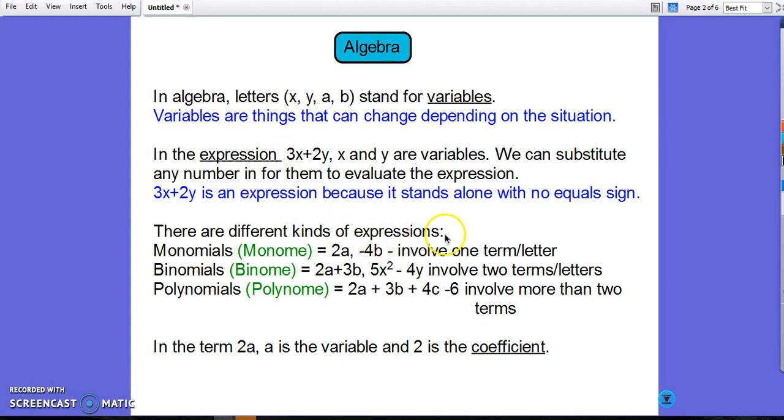So there are three different kinds of expressions. We have monomials, and I've given you the German in the green colour that German normally is in, here. And these involve one term that stands on its own. And actually, monomials is a word that you won't see very often in English. In English, you're more likely to see the expression term to describe these.